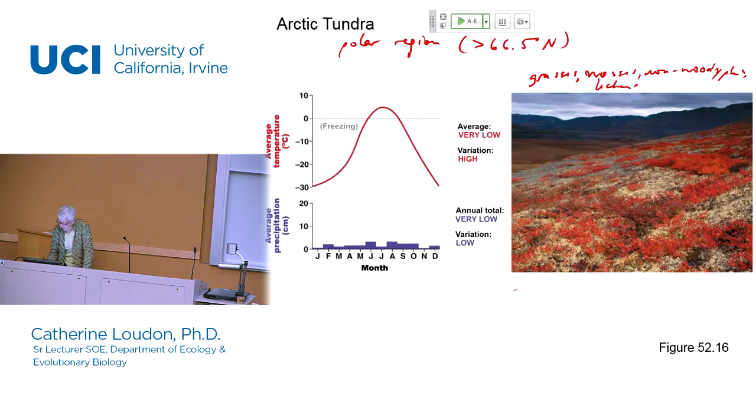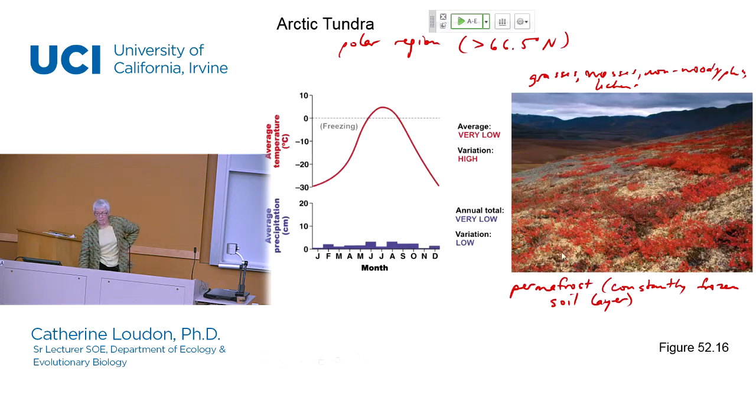And in addition, if we consider the ground, one of the phenomena that occurs in the soil is something called permafrost. And this is a name given to a constantly frozen soil layer which occurs below the surface.